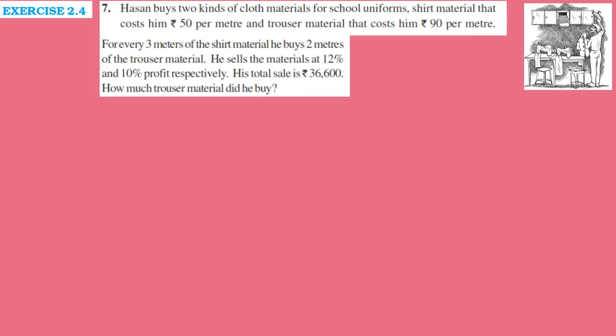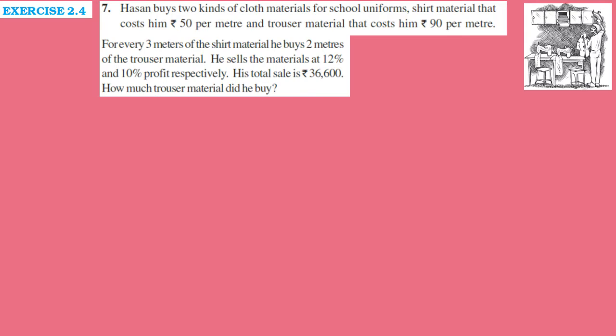So many informations are given in this question. So we have to look at each of them separately. It is given that cost of shirt material per meter is 50 rupees. Cost of trouser material per meter is 90 rupees. And for the uniform, for every 3 meter of shirt material it needs 2 meter of trouser material.